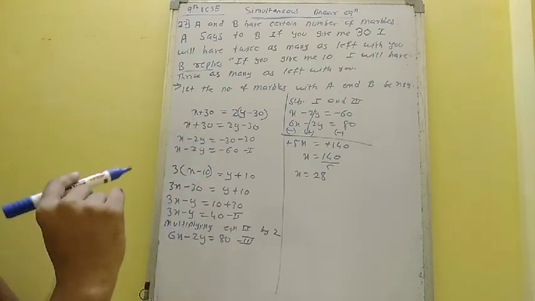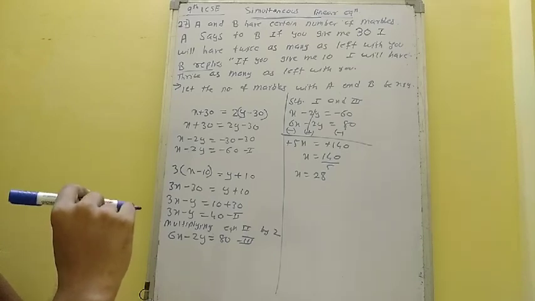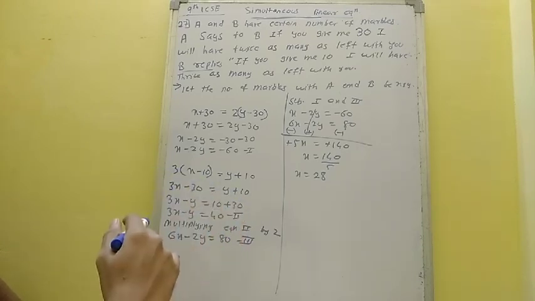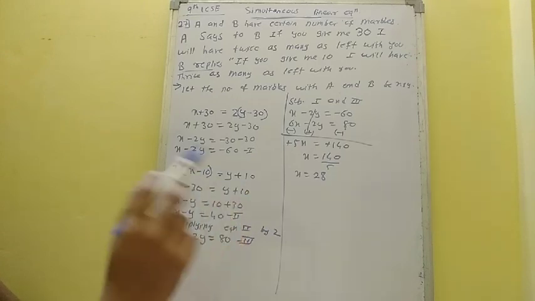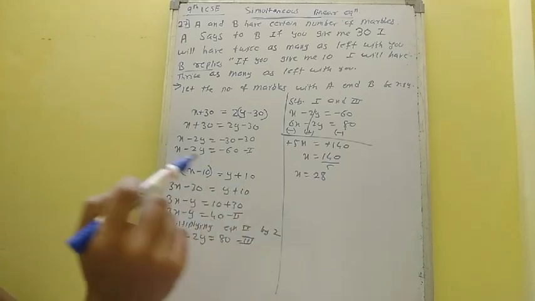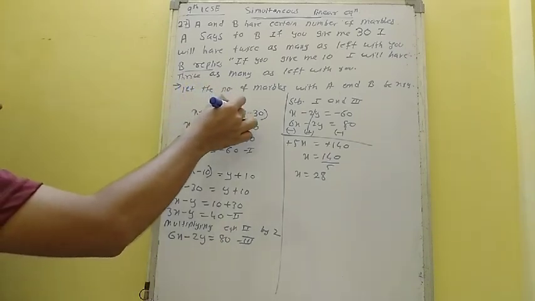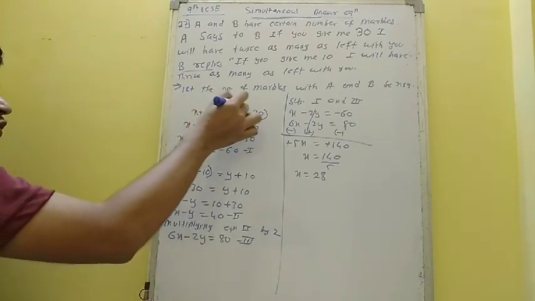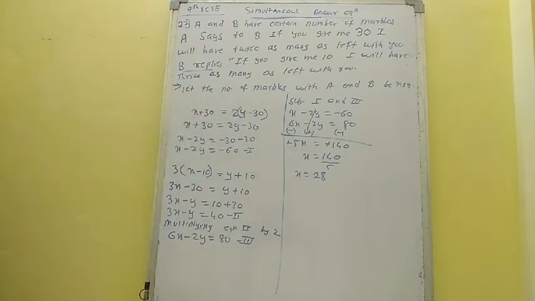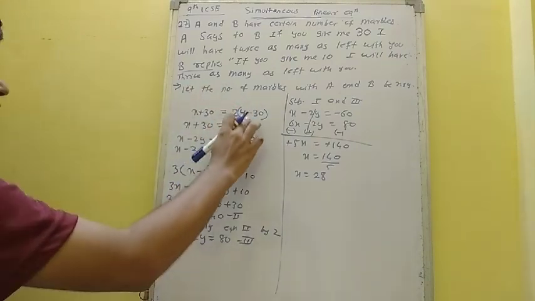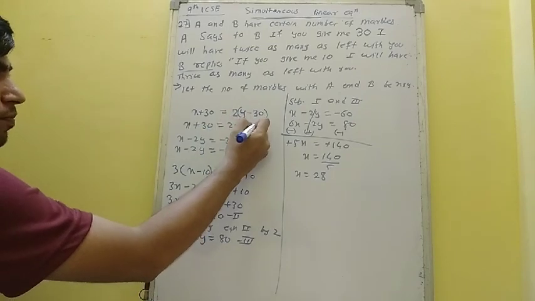First question, if B gives me 30, minus 30, so we will have twice as many. Oh, see over here, 2 into y, 2y, and 2 3s are 6, so it is minus 60 over here.